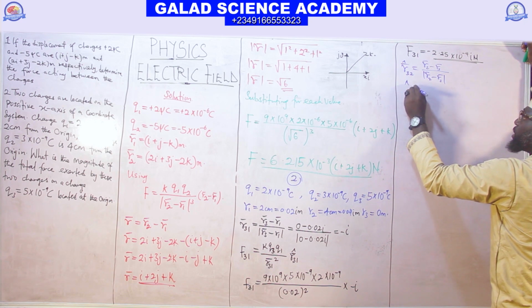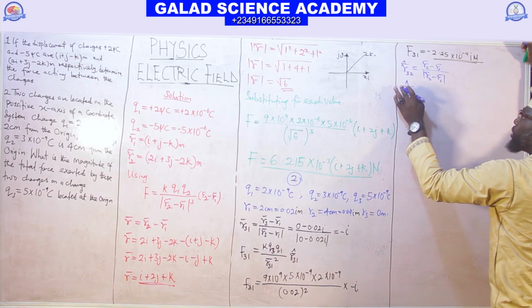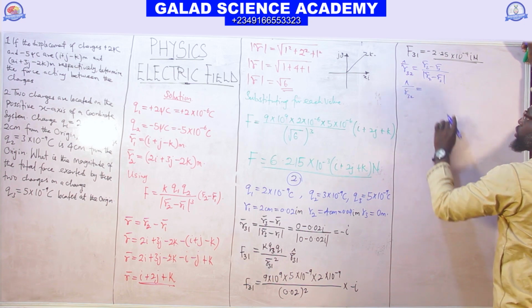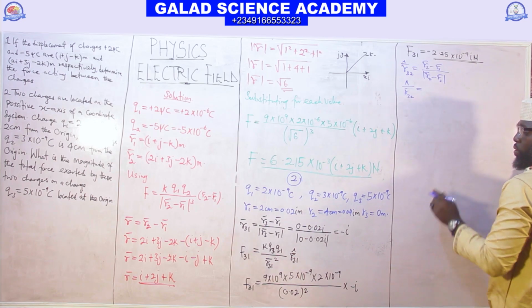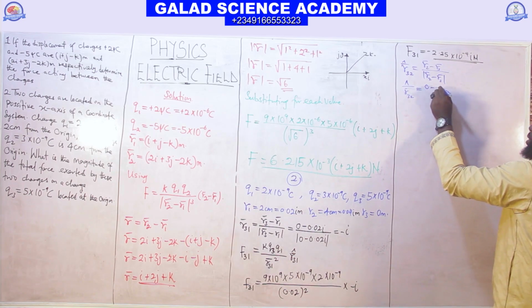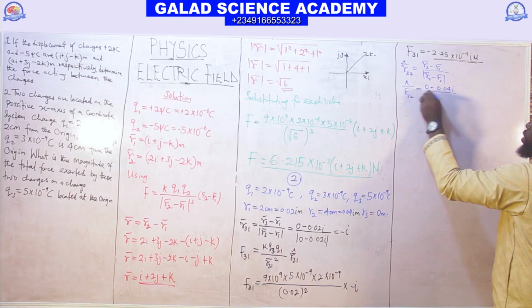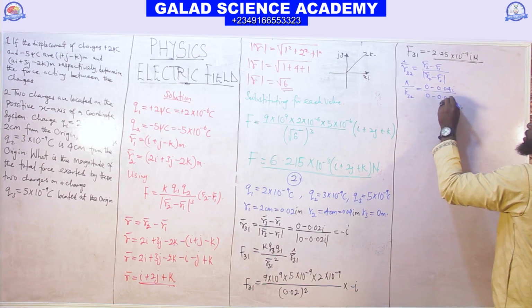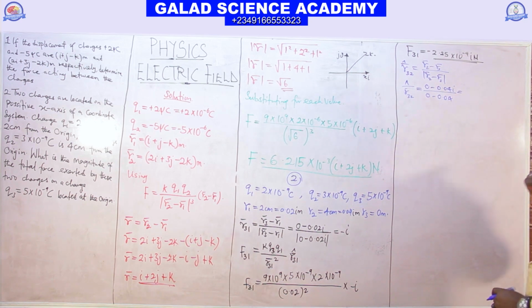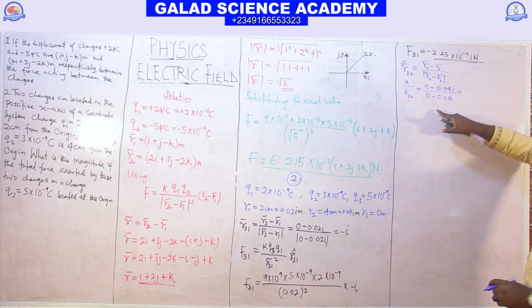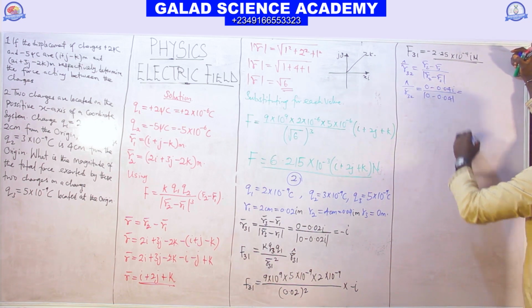So you have it in this form, the R32, which will be 0 minus 0.04i over 0 minus 0.04. By solving this, this is the magnitude, don't forget.